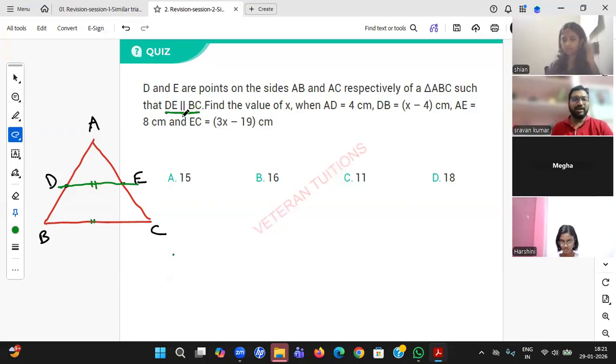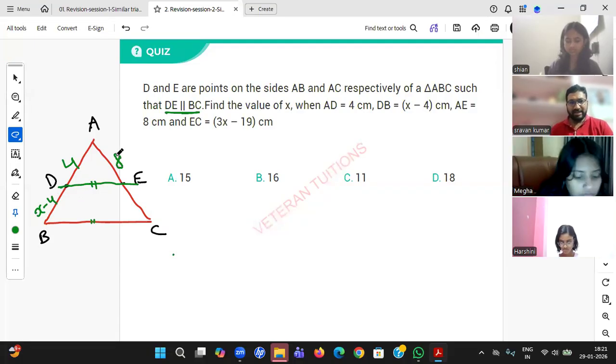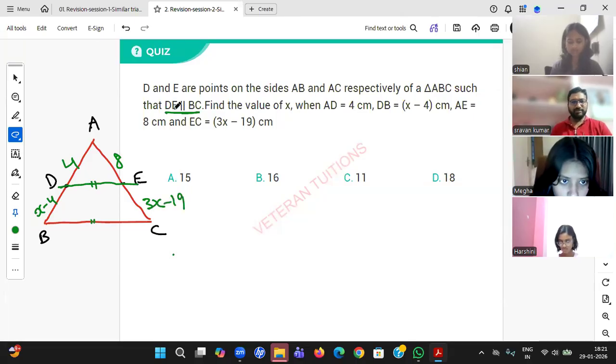If not parallel, you can't apply. Find the value of x provided AD is 4, DB is x minus 4, AE is 8, EC is 3x minus 19. These all are given. So student, for the x value you need an equation, and as the parallel thing is given, you can frame BPT as an equation.